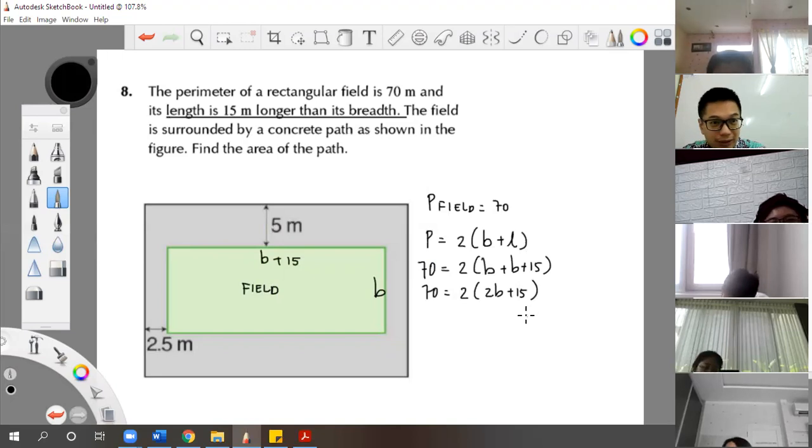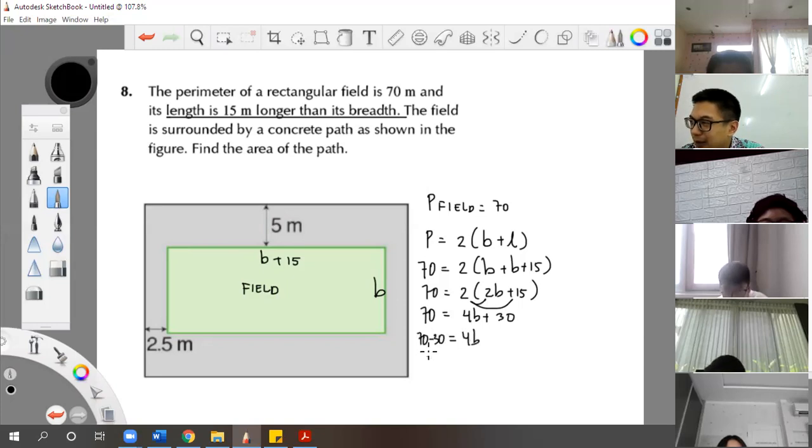It's harder than you think, right? And then 70 equals 4B plus 30. Remember the rainbow multiplication from the previous topic? Yes. So you put the 30 to the left side, 70 subtract 30 equals 4B. 40 equals 4B. Now we know the breadth. 40 over 4, right? 10.